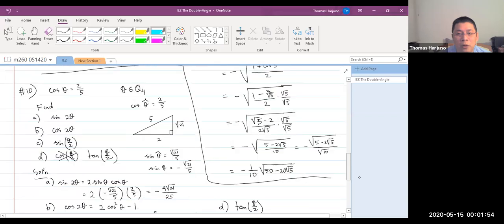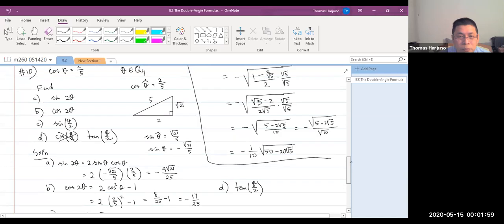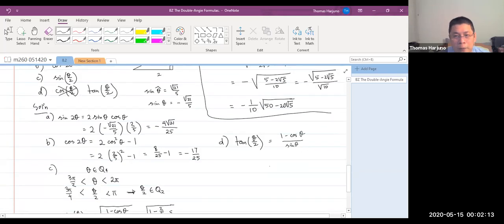Okay. Now, in other words, because theta over 2 is in quadrant 2, we do expect when I use a formula, let's say I use 1 minus cosine theta over sine theta, I expect that my final answer for this will be a negative number. Square root of 21 over 5, multiply the top and the bottom by 5.